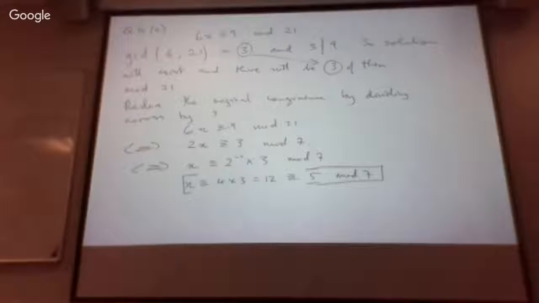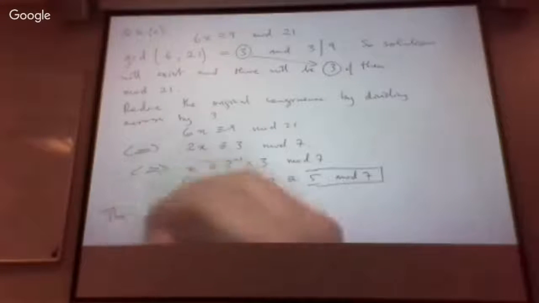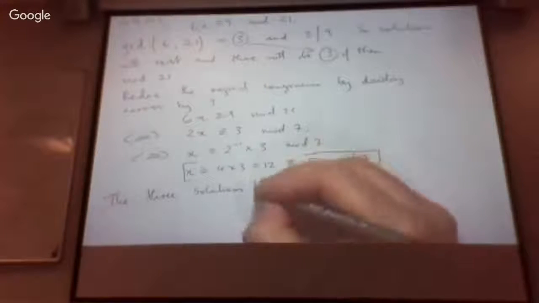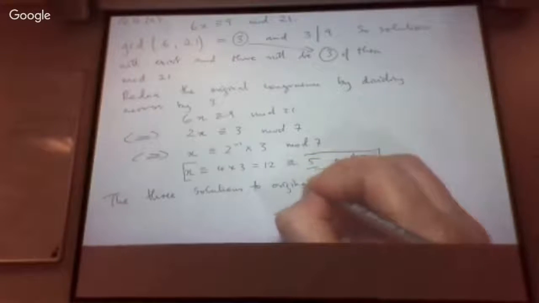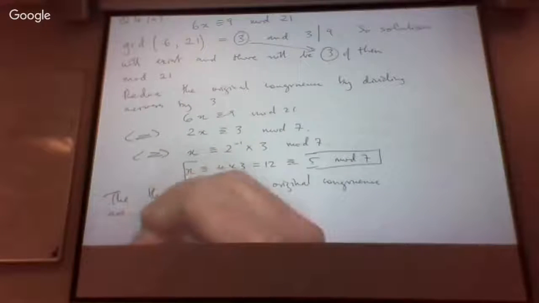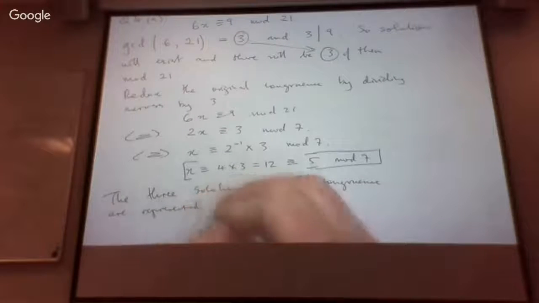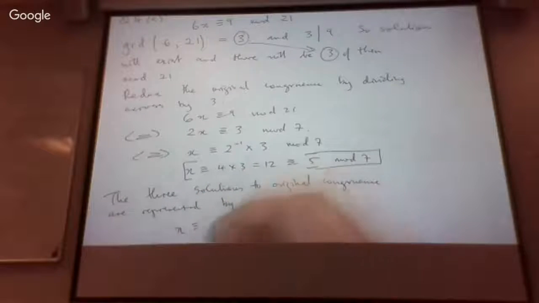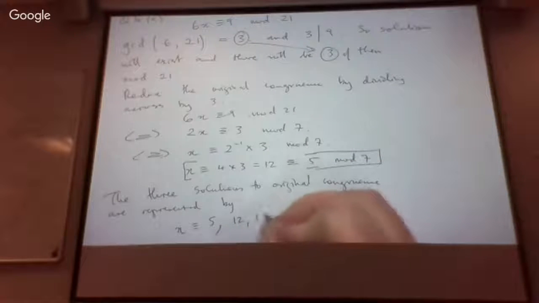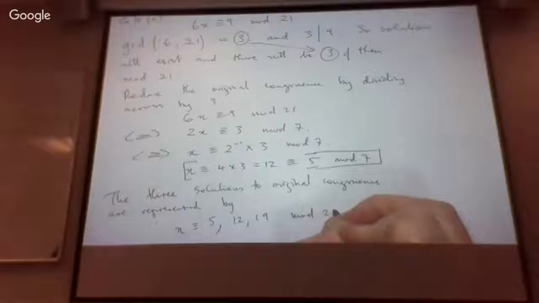If you add another 7, you get 26. That's back inside this congruence class. So there are only 3. So the 3 solutions to the original congruence are represented by x congruent to 5, keep adding 7s, 5, 12, and 19, modulo 21.